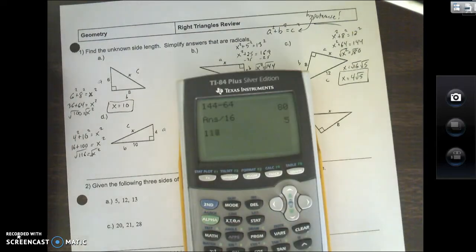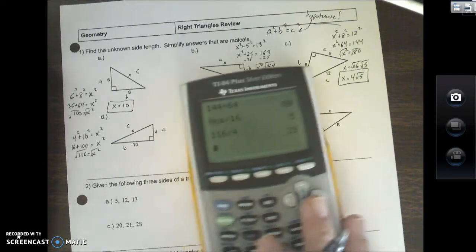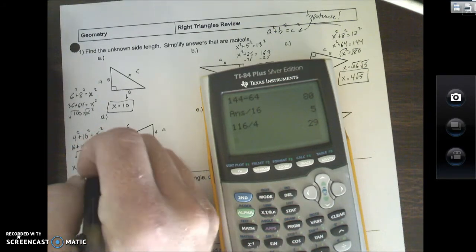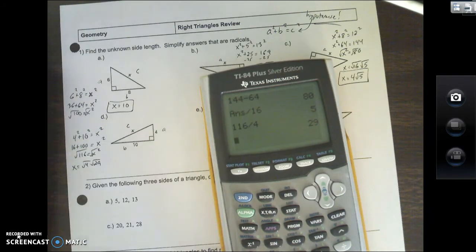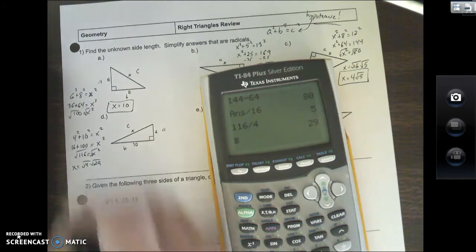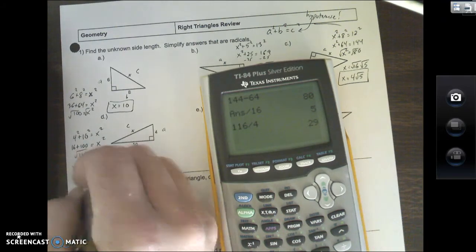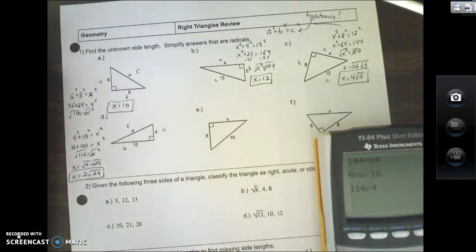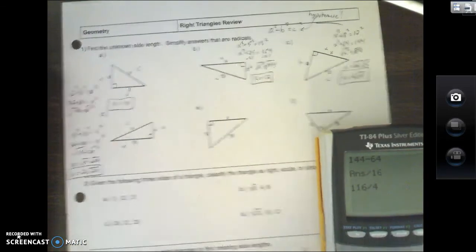So for 116, we can have the perfect square of 4 go into it. Root 4 times root 29. And the square root of 4 is 2. Wonderful. And again, not a Pythagorean triple because my hypotenuse is 2 root 29.